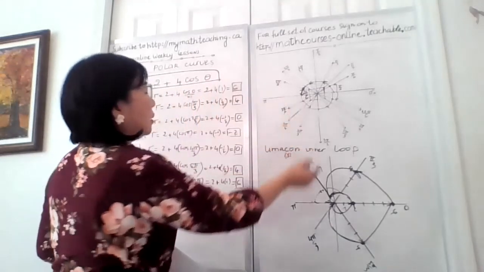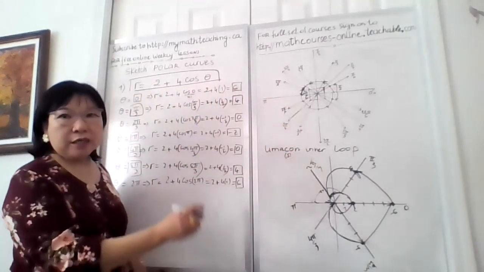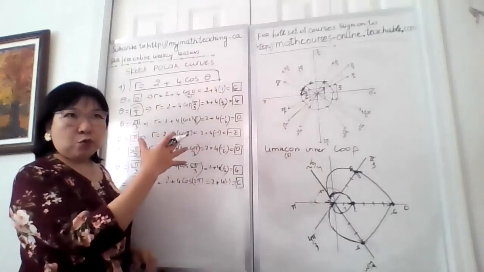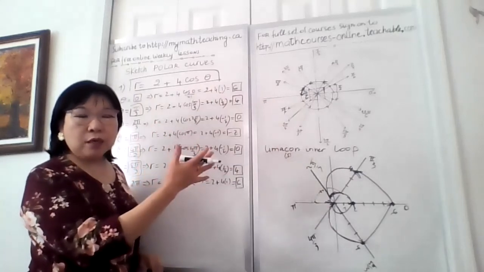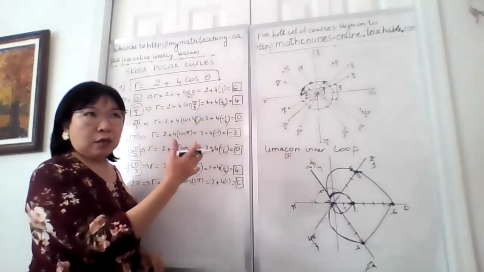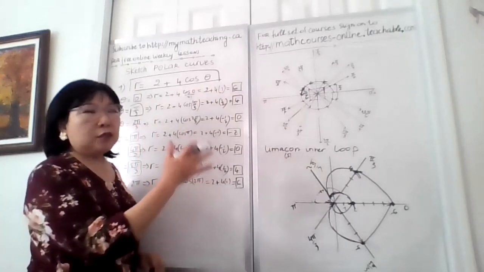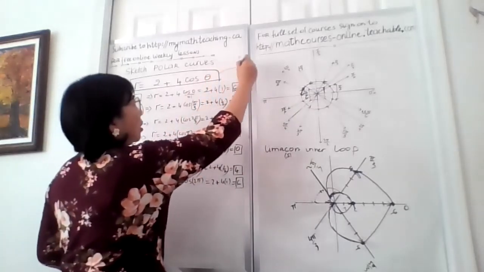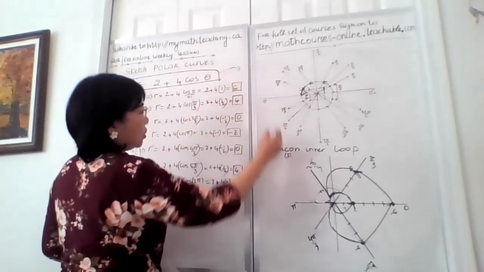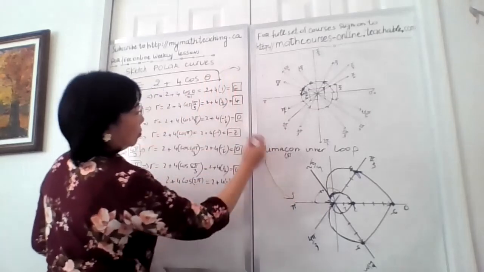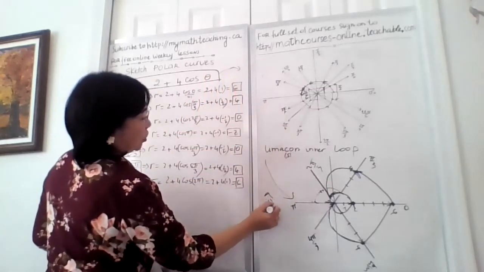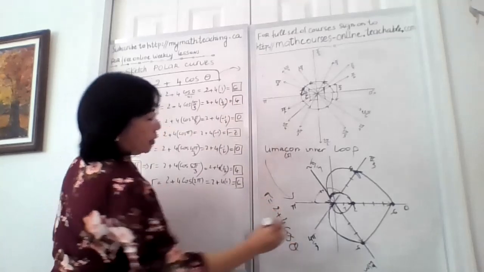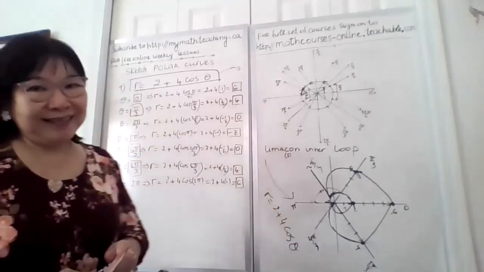So just like the x and y coordinate grid, anytime you plot the wavy curves, the parabola or cubic curves, you have the equation. So in our polar, we also have the equation here as well, right? To plot this curve. And this equation is r equals 2 plus 4 cos theta. That's what the curve looks like.